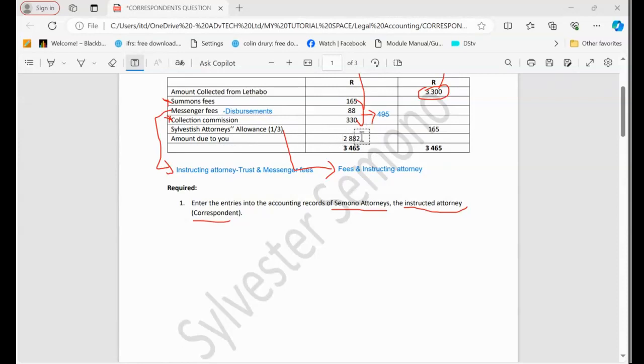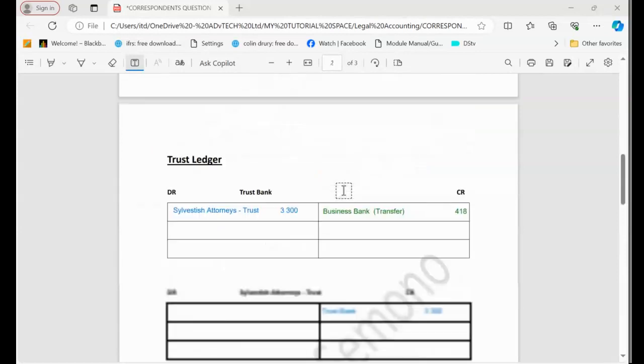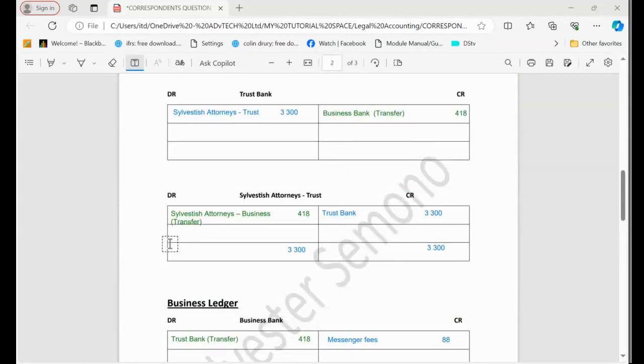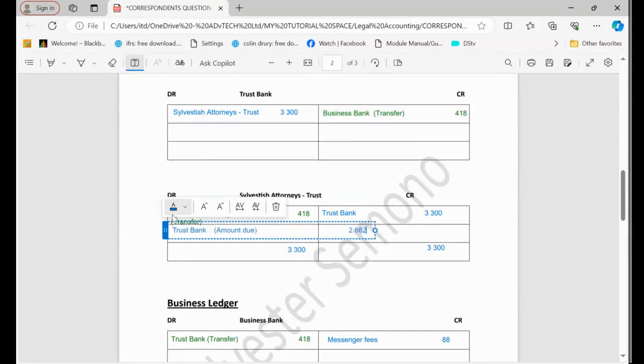This is the cheque, or the EFT, that we gave. Remember, this is what we collected here. This is what we really gave, in the form of cash. Can you see now? It shows how much we paid Sylvester's here. I'm just going to come here on the debit side and show that this is the amount due, and so I paid.